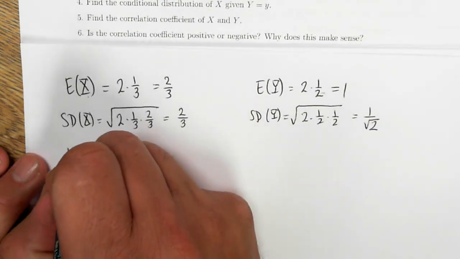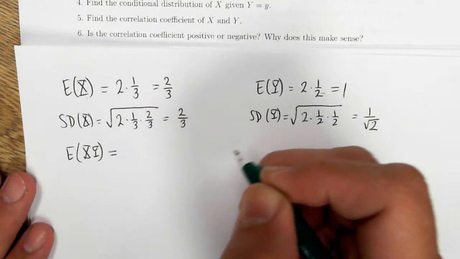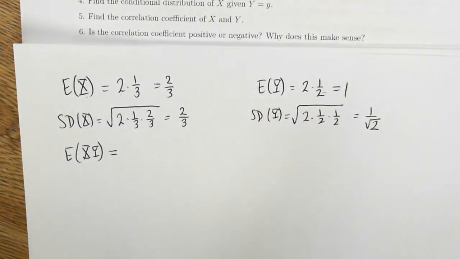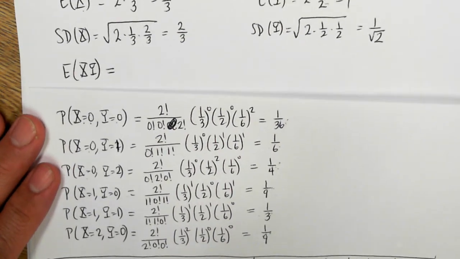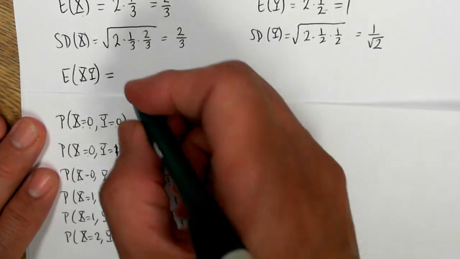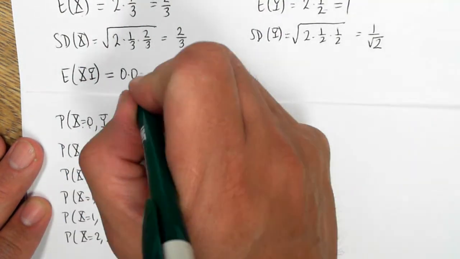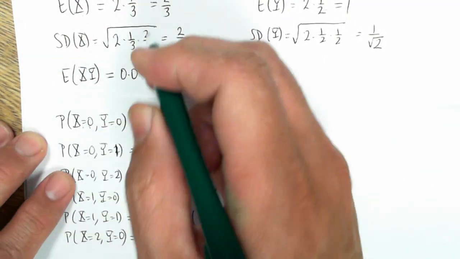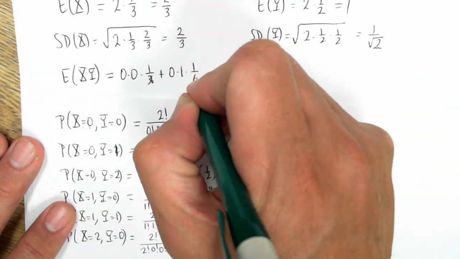Okay, now the next thing that I need is the expected value of x times y. So to do this, let's take a look back at the work that we did earlier. So here are the probabilities from part 1. So I take x times y, 0 times 0, times the probability. Next, x times y, times the probability, 1/6.